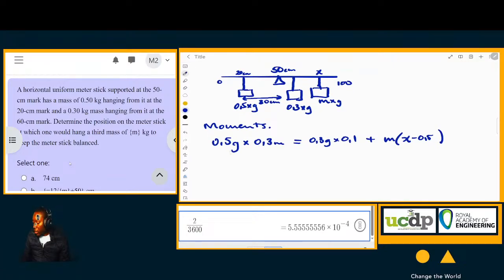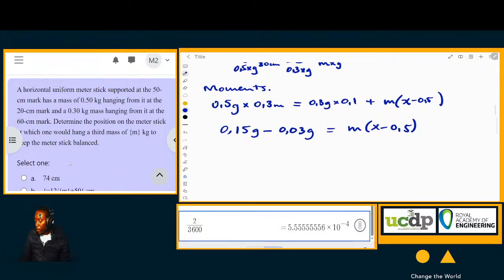Now if we take the calculations, 0.5 times 0.3 gives us 0.15 multiplied by g, minus 0.03 multiplied by g, equals m times (x minus 0.5).